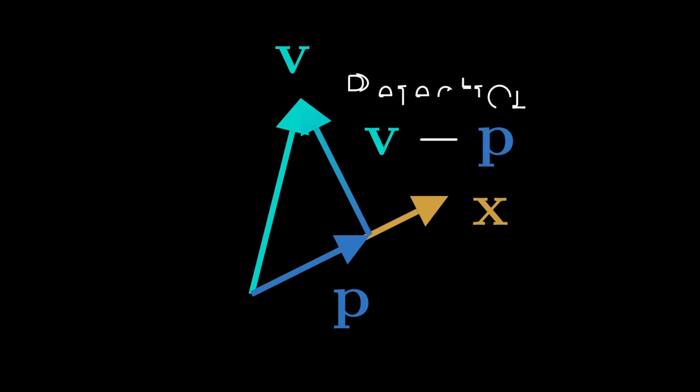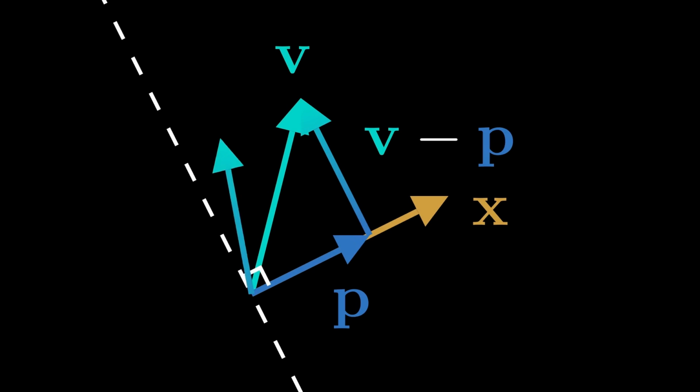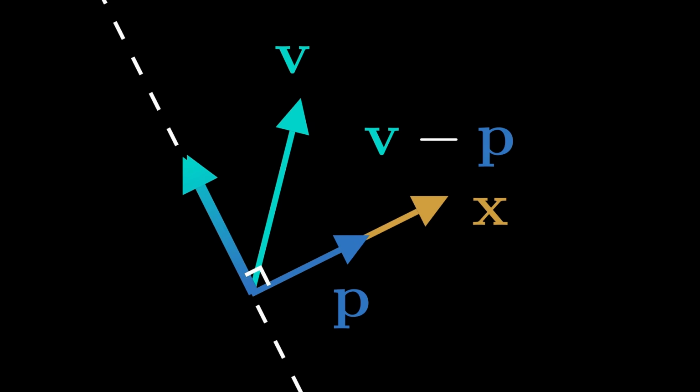This sometimes gets called the rejection vector. Because we're doing orthogonal projection, this rejection vector will be perpendicular to the line we're projecting onto. Actually, you can think of v minus p as itself being a projection of v onto this line over here. But I'm going to sidestep that for this video.